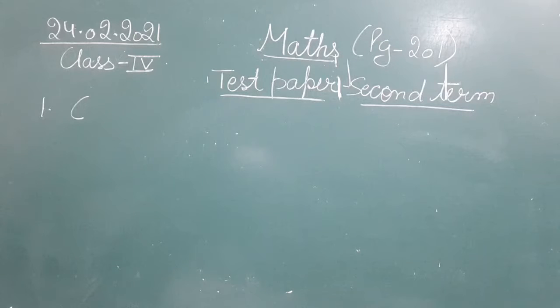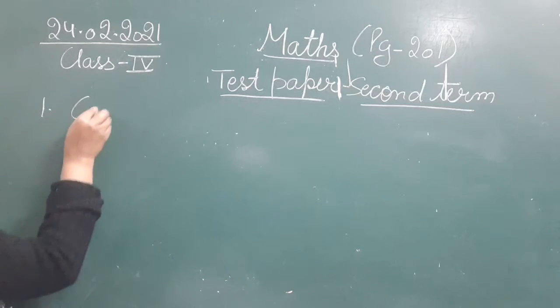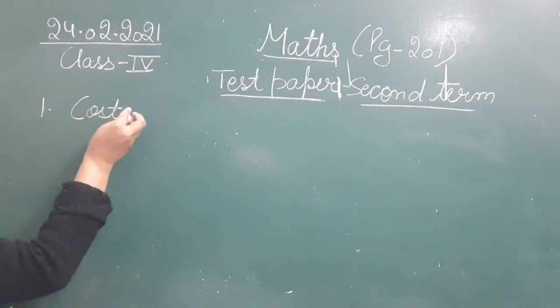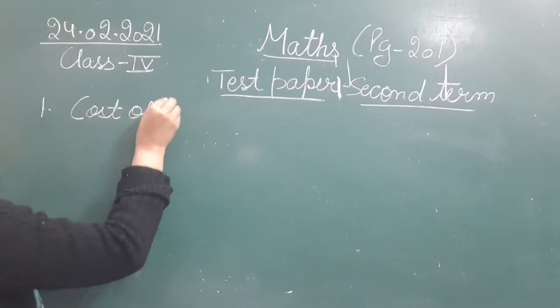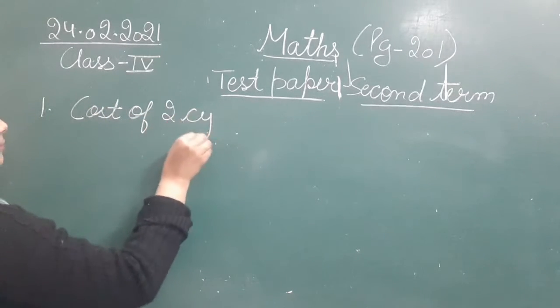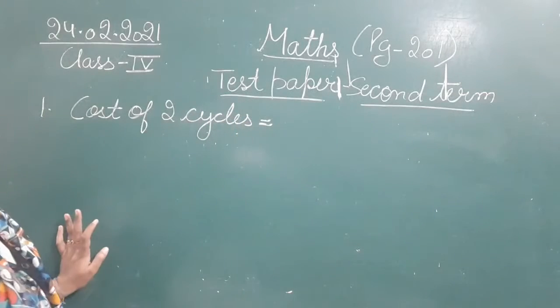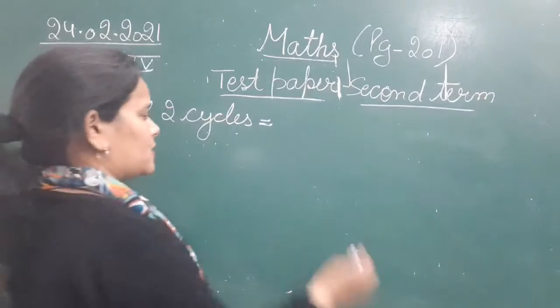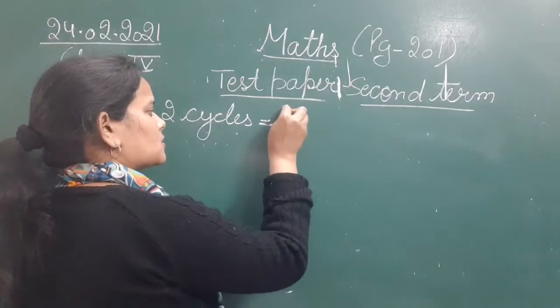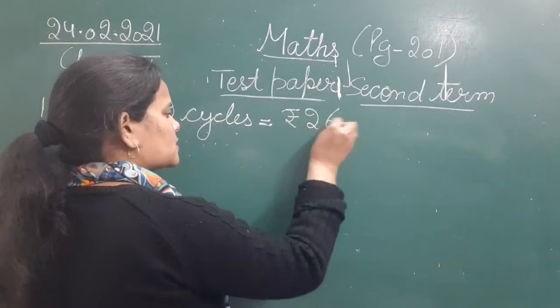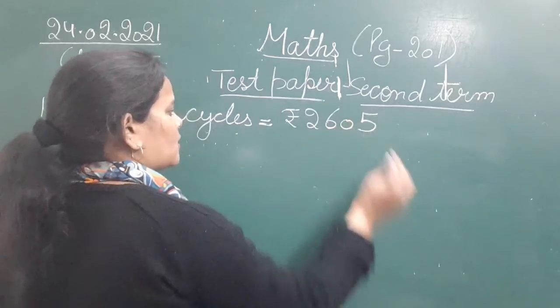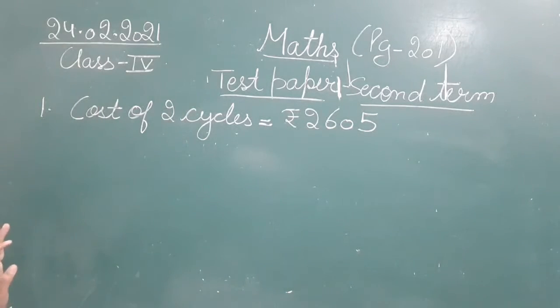That is, cost of 2 cycles is equal to rupees 2,605. The cost of 2 cycles is 2,605.